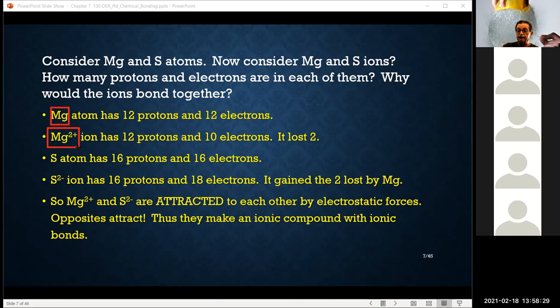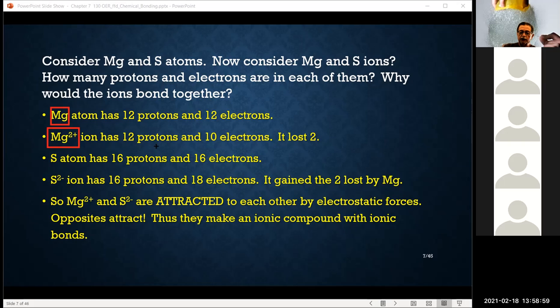The +2 means it lost 2 electrons, so it has a different electron configuration than the magnesium atom. The magnesium atom will have 3s2 on the outside, whereas the magnesium ion will not have the 3s2 because it lost those 2 electrons. So keep that in mind when you write electron configurations for atoms versus ions.